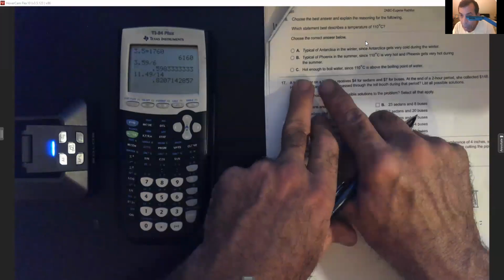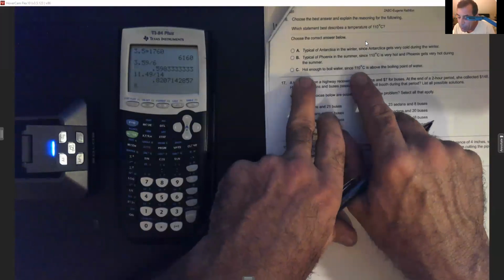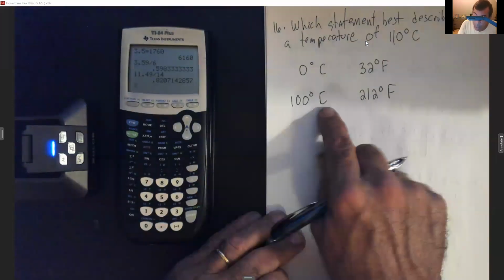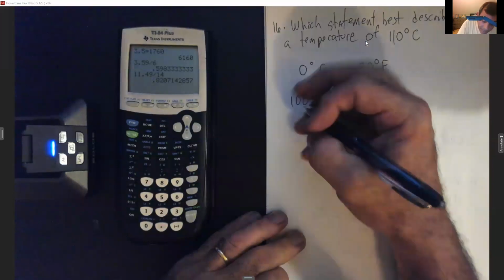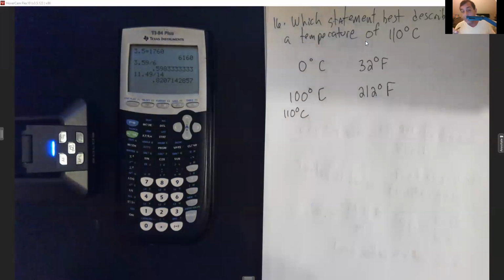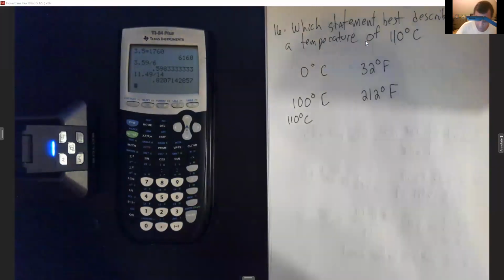It's hot enough to boil water, since 110 is above the boiling point of water. And remember, I showed you my scale over here: 100 is boiling, and you're sitting down here at 110 Celsius. So we would go with choice C on that one. It is hotter than boiling water.